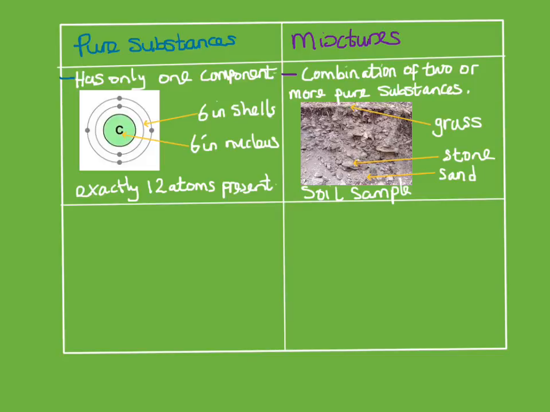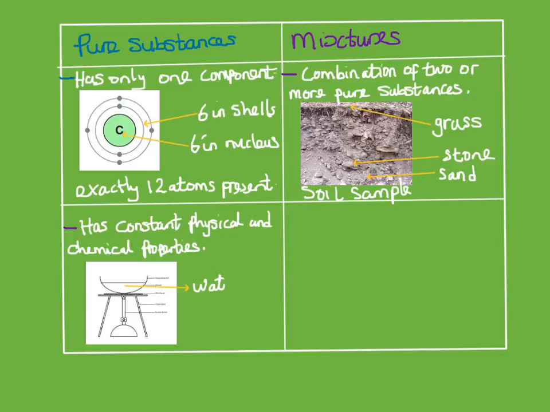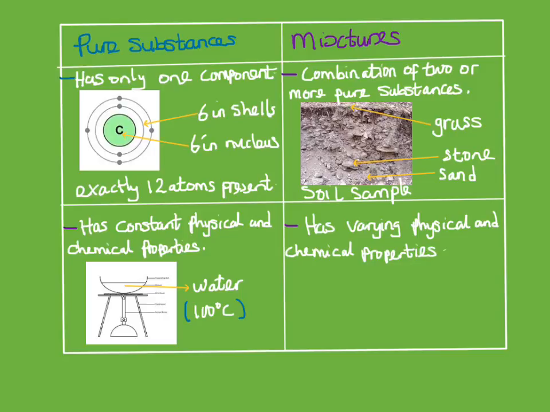Pure substances have constant physical and chemical properties. Example, the boiling point of water is 100 degrees Celsius, while mixtures have varying physical and chemical properties.